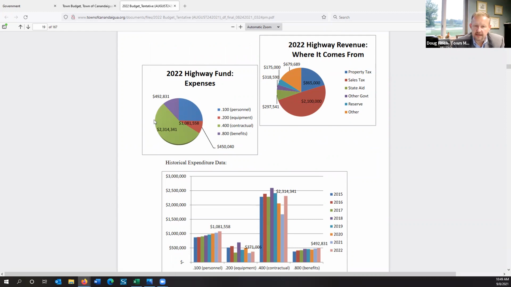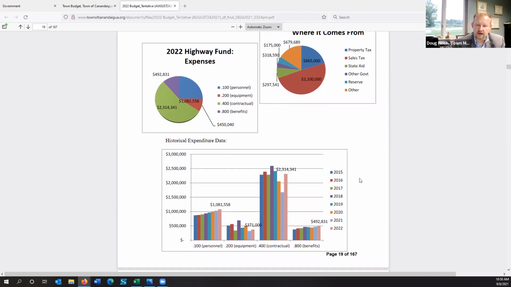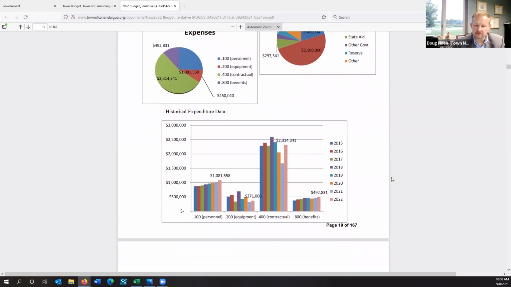You see on the expenditure side, the blue color here, that's the personnel expenditures on the highway side, your equipment. The contractual, or the green color, that's that line that we talked about earlier, plus a few other contractual lines, but that's all of the roadway actual improvements. And then the benefit line there at 492,000 for benefits proposed for 2022.